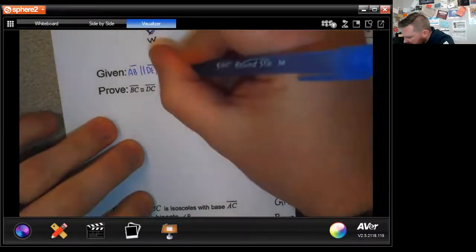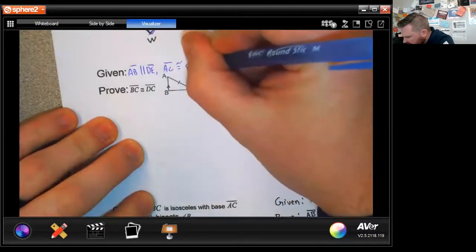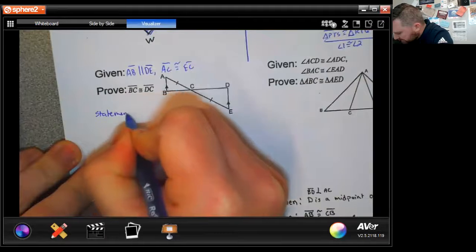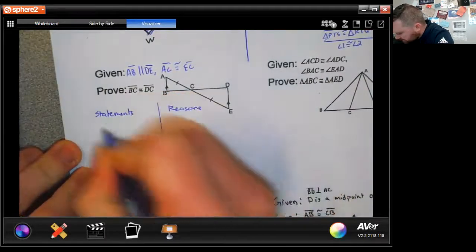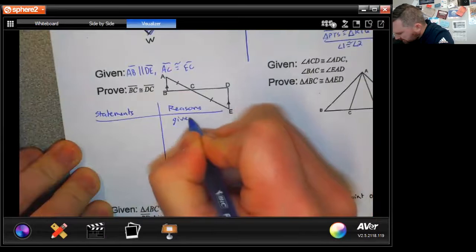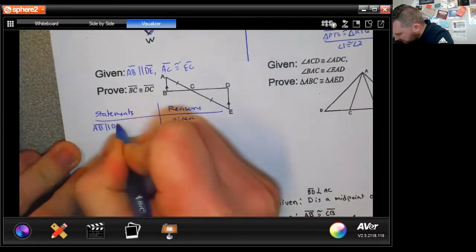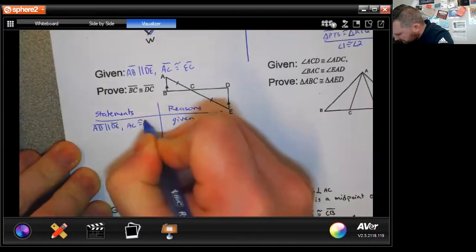And we also have AC is congruent to EC. So statements, reasons, given. So AB parallel to DE, AC congruent to EC.